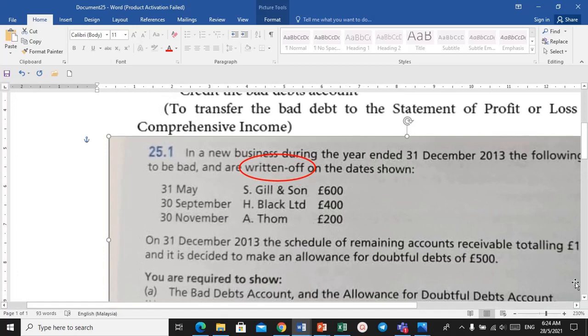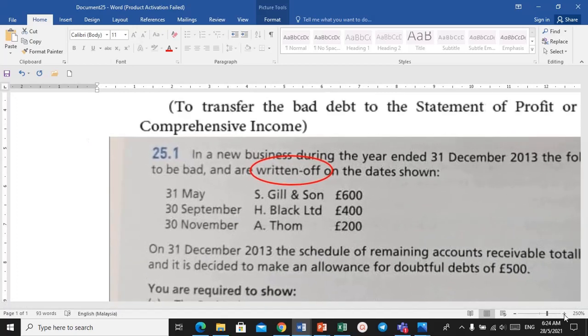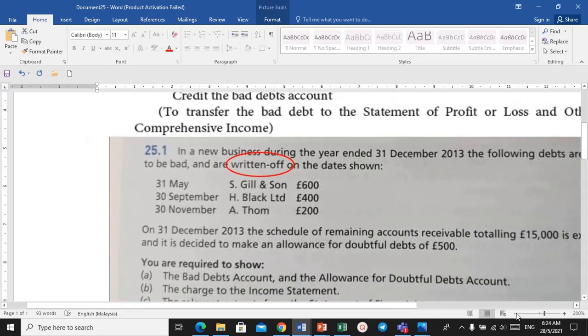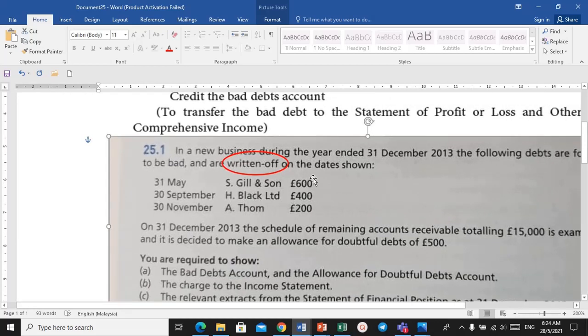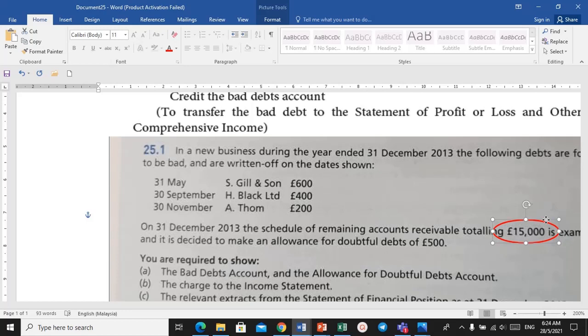Written off means this amount of bad debts, these three amounts of bad debt, has already been deducted from the total account receivable of 15,000.